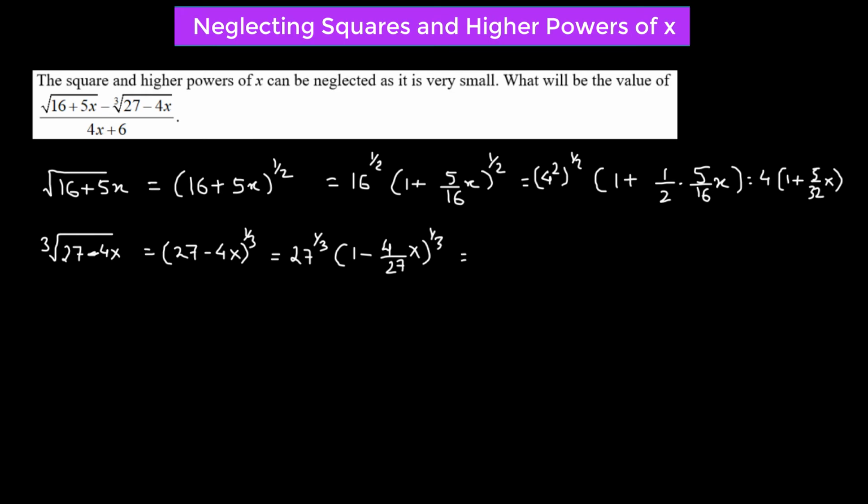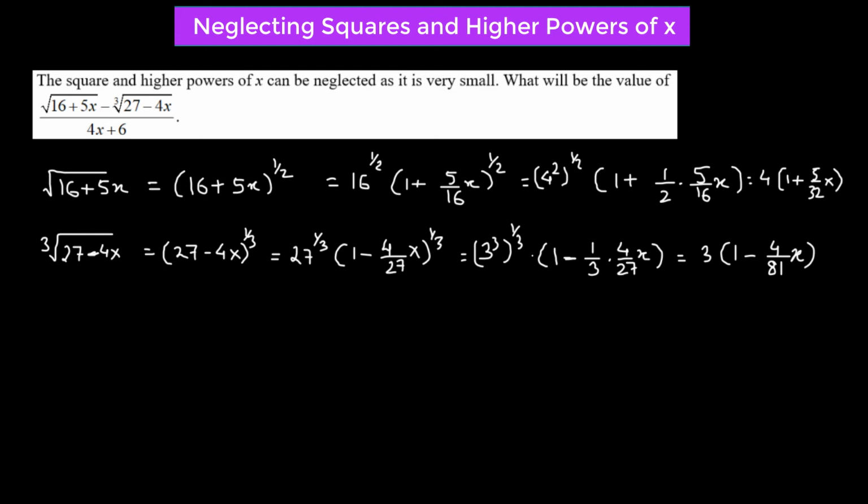Now 27 can be written as 3 cubed raised to the power of 1/3 times 1 - 1/3 times 4/27 x. So we have 3 cubed raised to the power of 1/3 would be simply 3, times (1 - 4/81 x), since 27 times 3 is 81. So this is the binomial approximation for the second term.